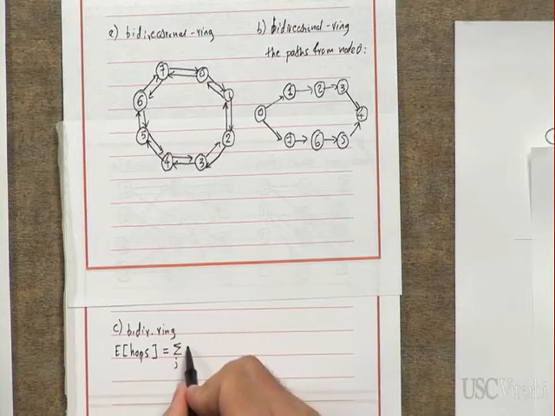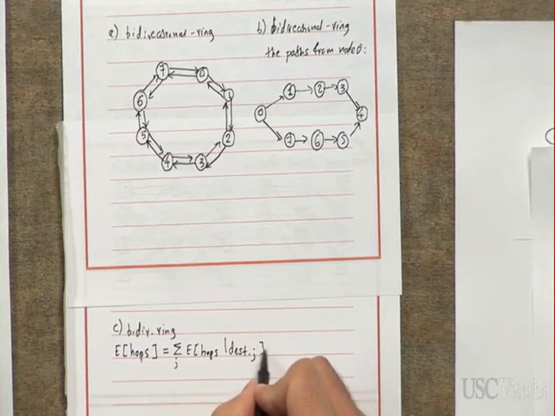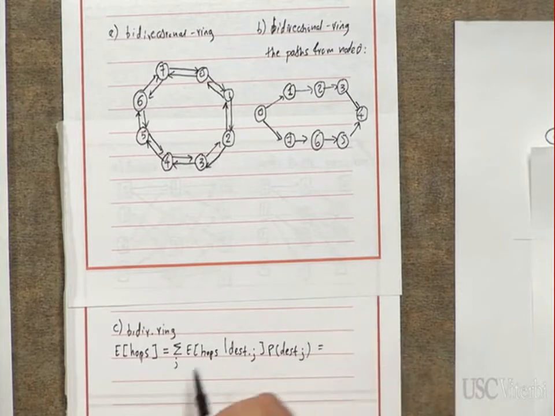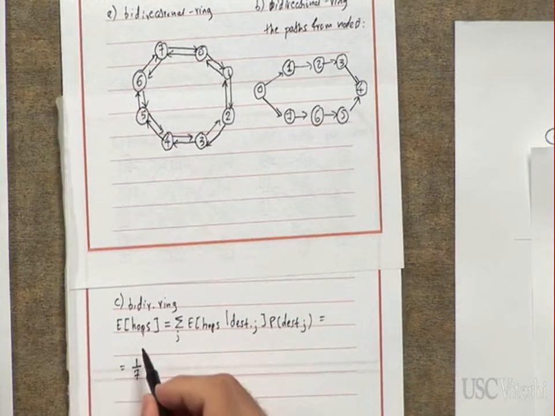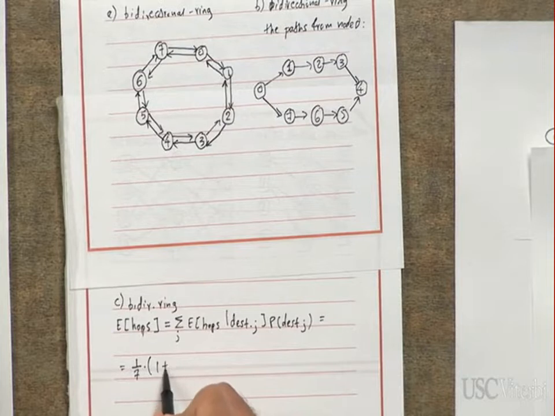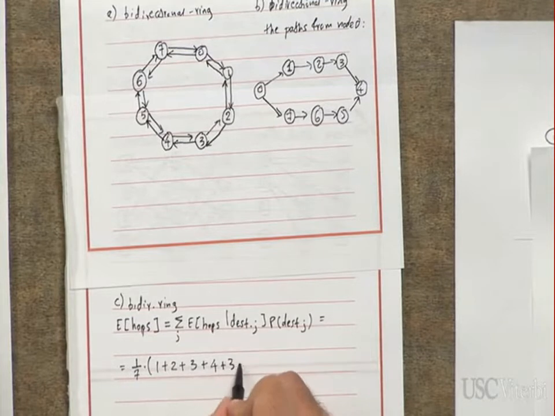Summation of expected hops given destination J, times P of destination J, equals 1/7 times, there you go, 1 plus 2 plus 3 plus 4 plus 3 plus 2 plus 1.